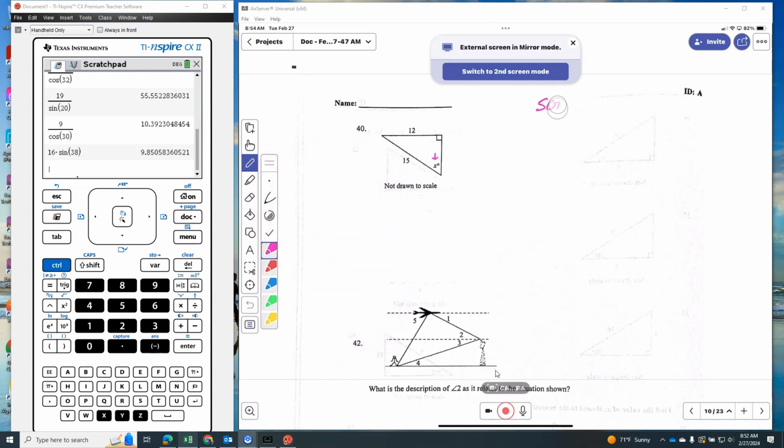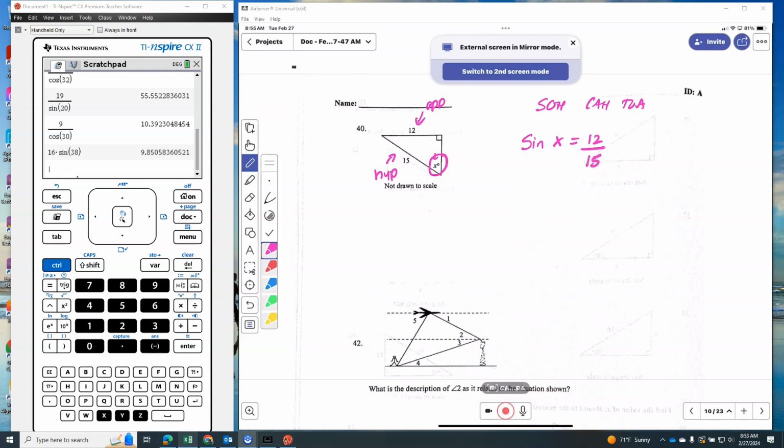Number 40 is different because you're missing the angle. So you've got to use SOH CAH TOA. We're still focusing our attention on the angle. This is the opposite, and this is the hypotenuse. So it's going to have to be sine. So we have sine of x equals opposite, in this case 12, over the hypotenuse, which is 15.